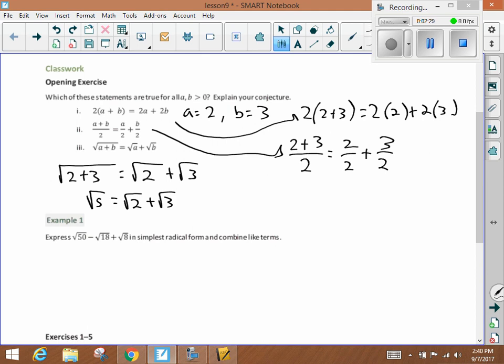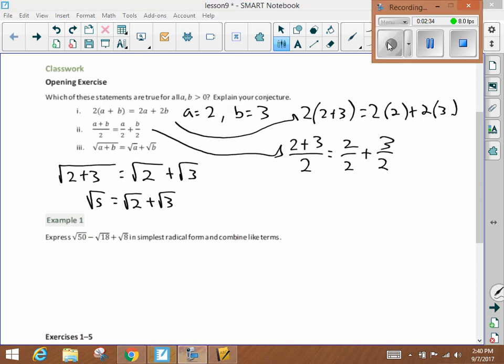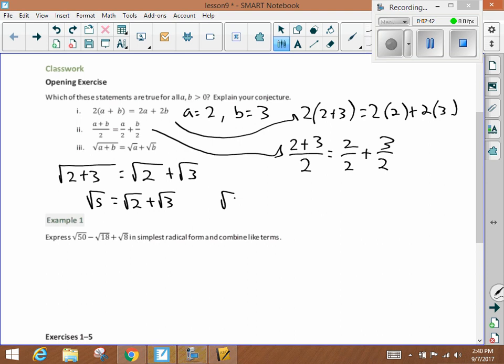We can put that in your calculator and figure this out. All right, so we calculate the square root of 5. That's approximately 2.236.